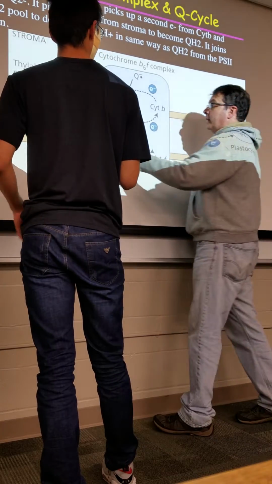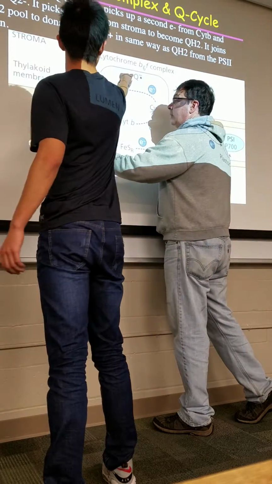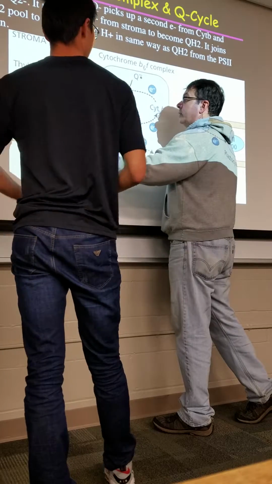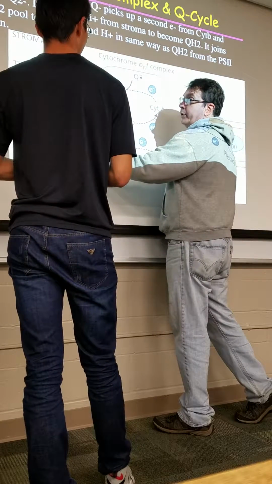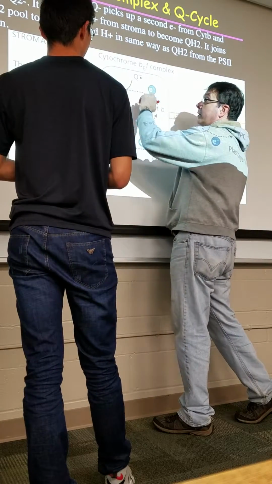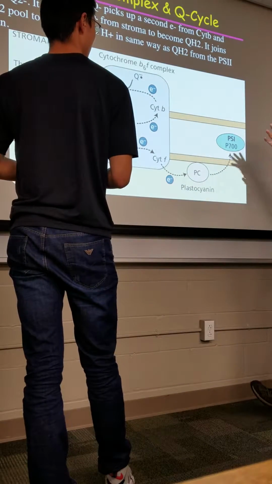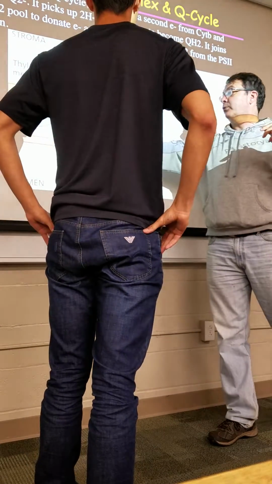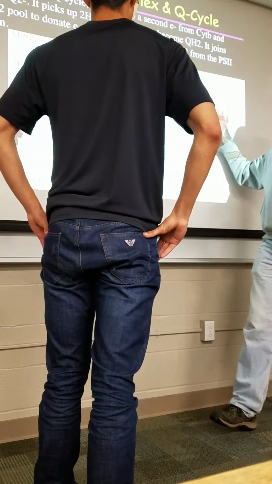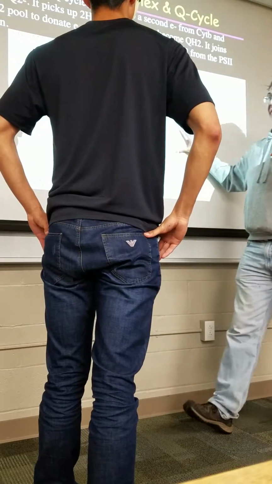This is what you mean? So the thing to do is to not think about this specific one going to here. Think about having a pool of quinone circulating all throughout this membrane, okay?